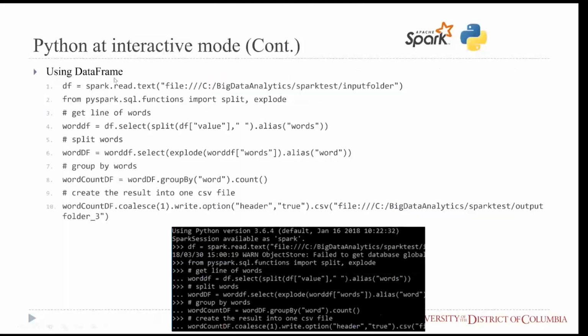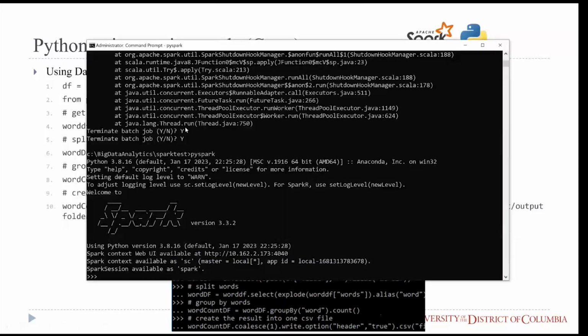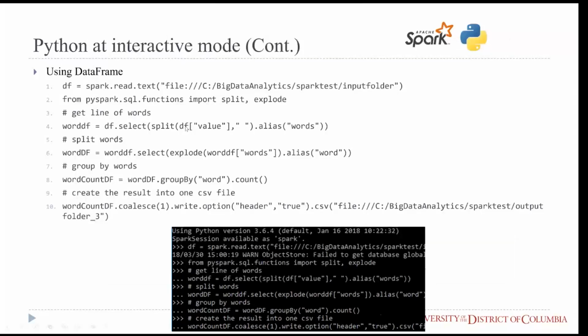Same thing, you are doing the same data frame syntaxes. However, this time, instead of using Scala language syntaxes, it is using Python, right? Because internally, Spark also provides some kind of interpreter conversion. When you're entering the Python code, it's going to be converted to Scala syntaxes.